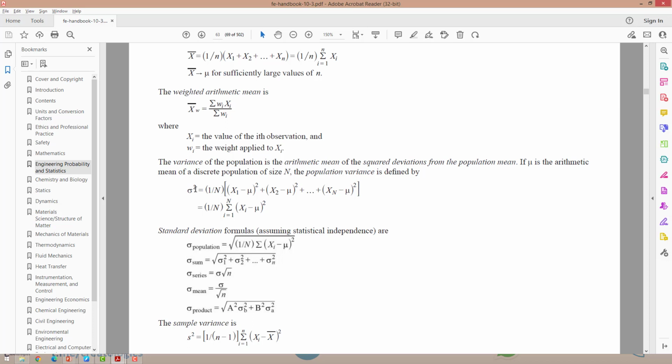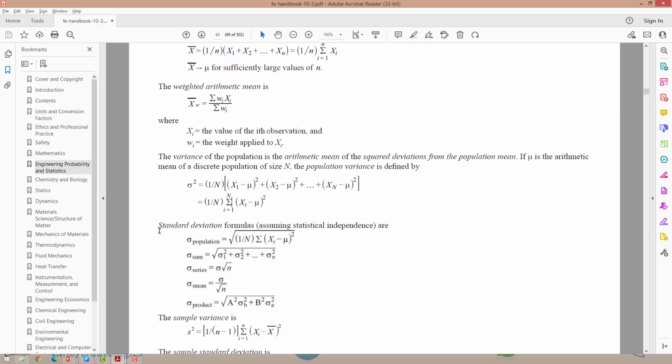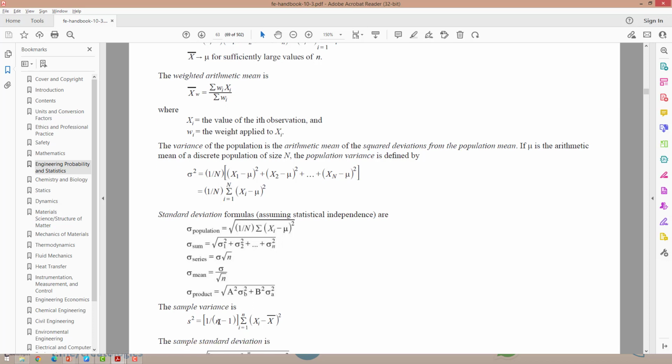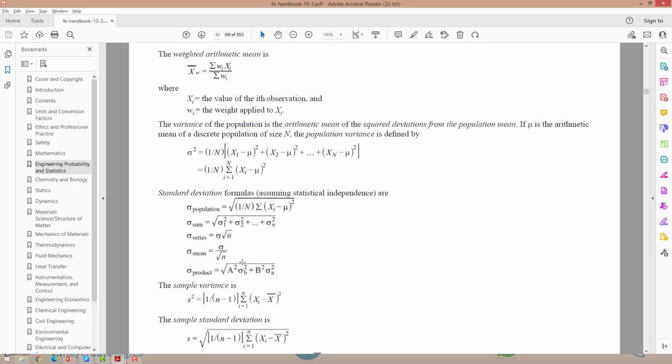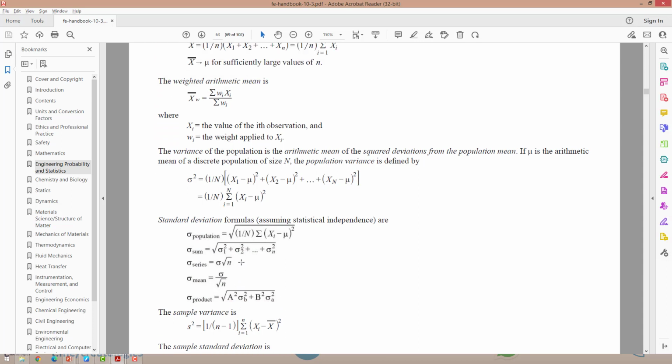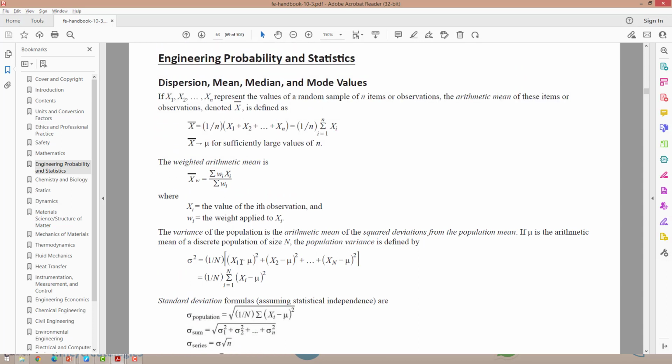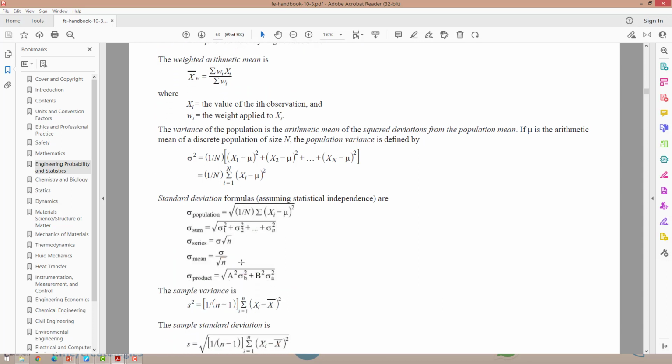Take the square root of the variance, that is your standard deviation. The difference is, check whether you are calculating the standard deviation or variance for the population or for the sample. Accordingly you have to use n-1 or n. So that's all about the first part of statistics, where we calculated mean, median, variance and more.